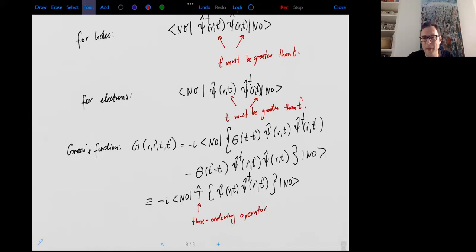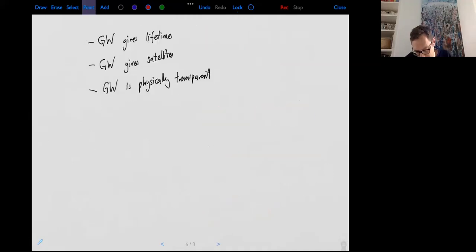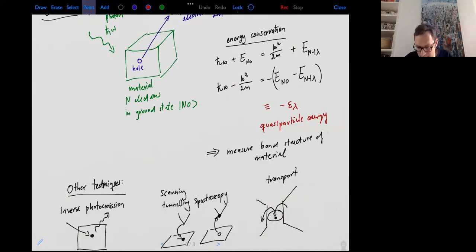We said at the beginning that what we really measure is a quasi-particle energy. Going back to the very beginning, what is measured is this quasi-particle energy, which was defined as the difference of the total ground state energy and the total energy of an excited state with one missing or one extra electron. That is what we figured out is being measured in these experiments.